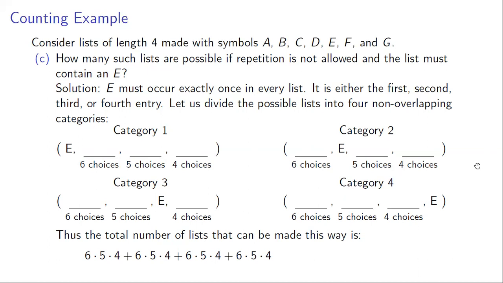So we can just add up the categories. So this is going to be 120 plus 120 plus 120 plus 120, or 480. Okay, we're going to come back to this example in the next section where we're going to formalize this idea. This is known as the union rule, but for now we're just thinking about them as categories.